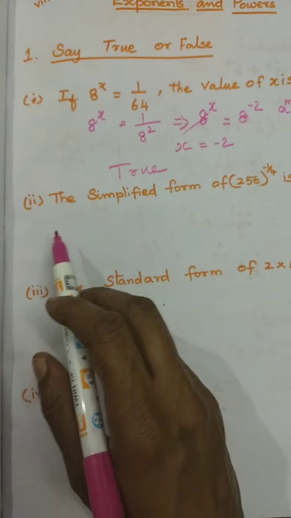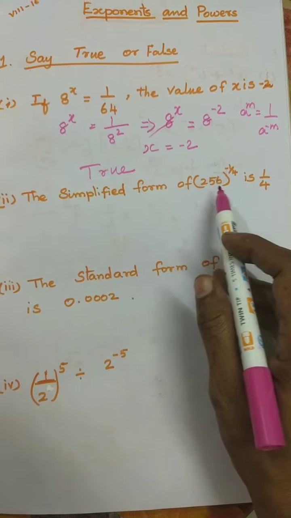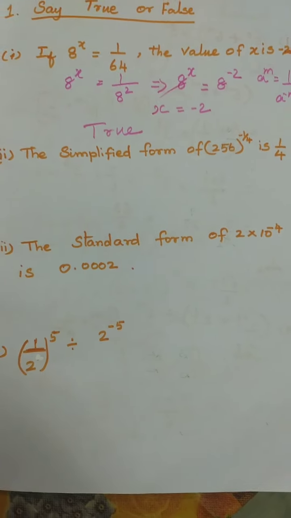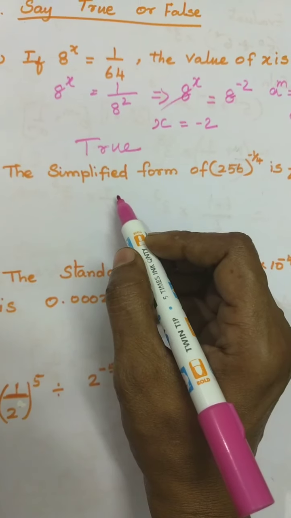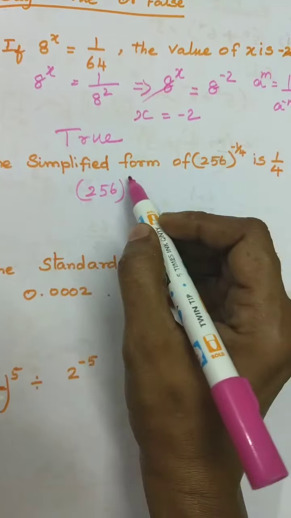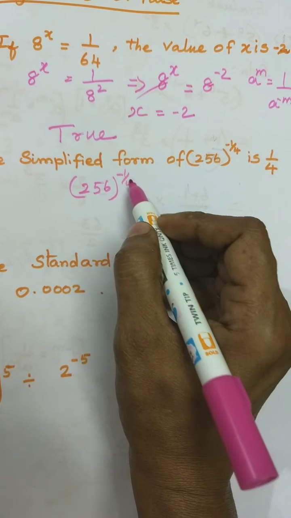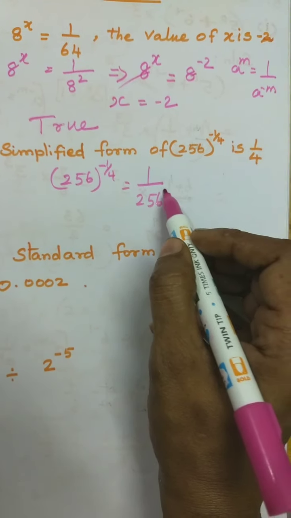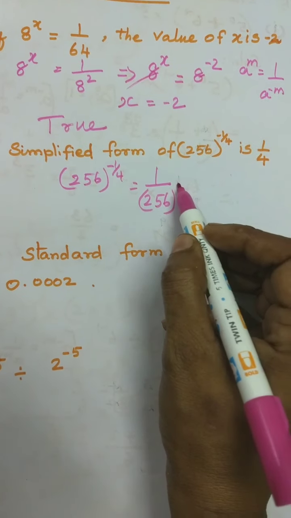The next one, the simplified form of 256 the whole power minus 1 by 4 is 1 by 4. Is it true or false? You have to see. 256 the whole power minus 1 by 4. We can write this as 1 by 256 the whole power 1 by 4.